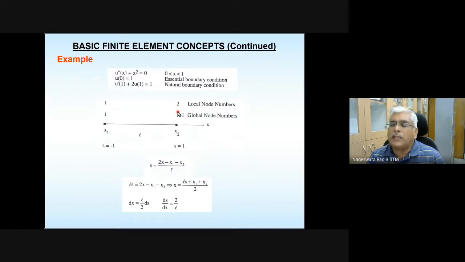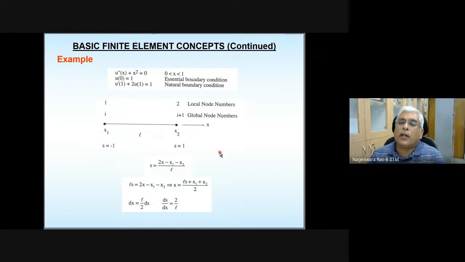Anyway, all the elements have only 2 nodes. Only their length is different, and the position of the nodes may be different. So why not map all these elements into a single parent element? This S coordinate system that we are using is nothing but the parent coordinate system.